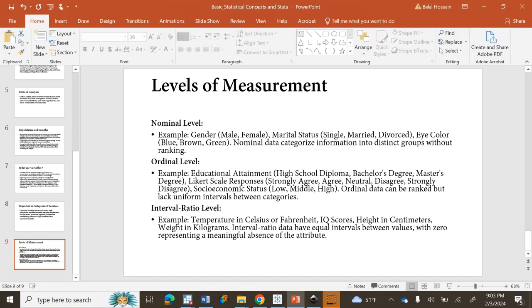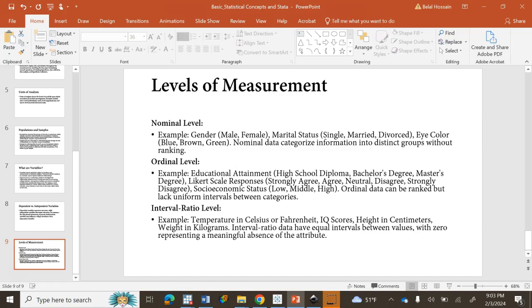And in a Likert scale or socioeconomic status, low, middle, and high, you can rank them. That's why it is the ordinal level. It has an order, okay? So from order, ordinal. Just remember, it has an order. And nominal, no order, it's just name. An ordinal is a name, but it has an order.